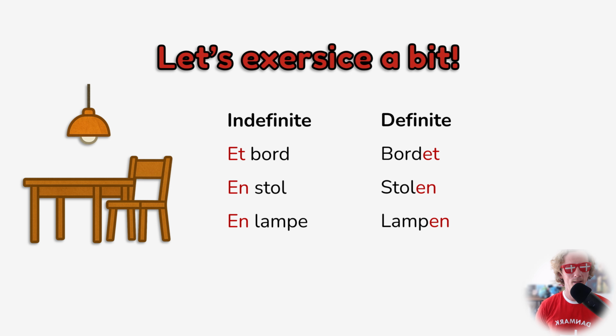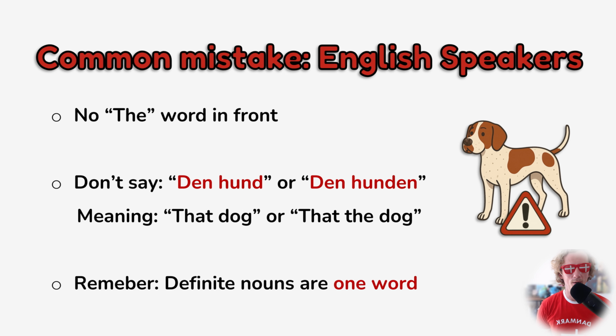And let's move on. The next section here is about a typical mistake that often English speakers make. So you can already imagine now, without the, which is such a core part of the English language, it's easy to want to put that word in there when we speak Danish. So quite often, an example here, what I hear often from English speakers, is that you like to say den hund or den hunden. Den means that.